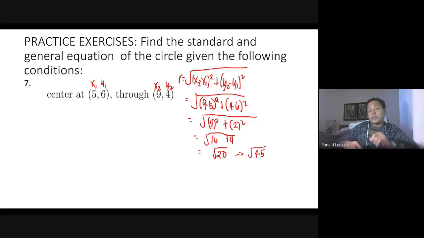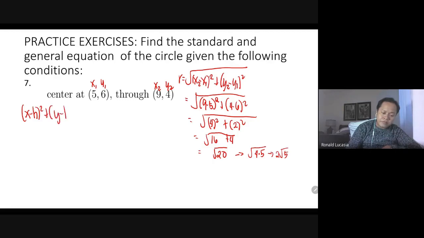So we will be using 4 and 5. 4 is a perfect square. The square root of 4 is 2, times square root of 5. But since that's only the radius, it would be easier for you to leave square root of 20 as is. Malalaman nyo yun mamaya kung bakit mas gusto ko na nakaganyan. So meron ka ng radius, makakakuha ka na dito ngayon ng equation.